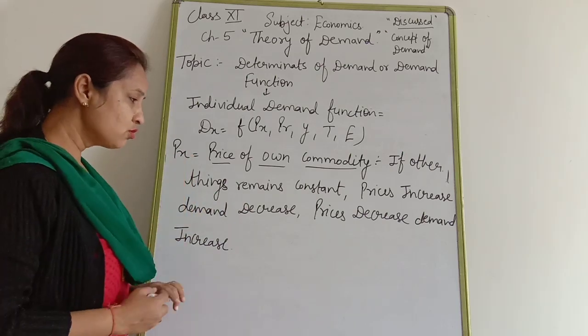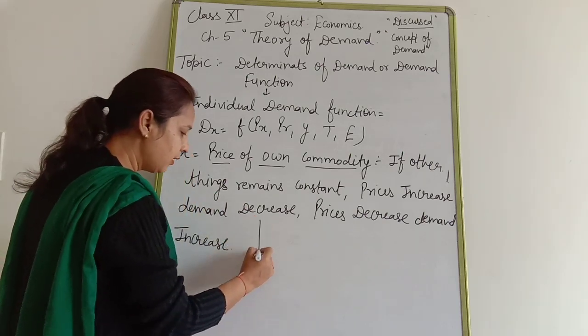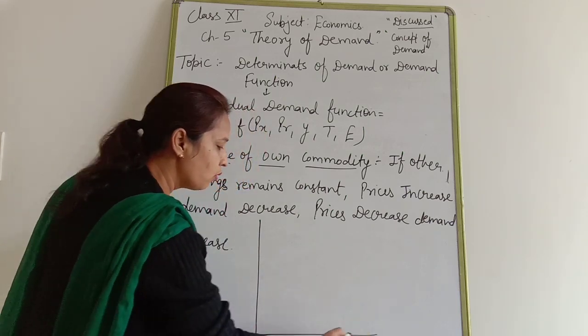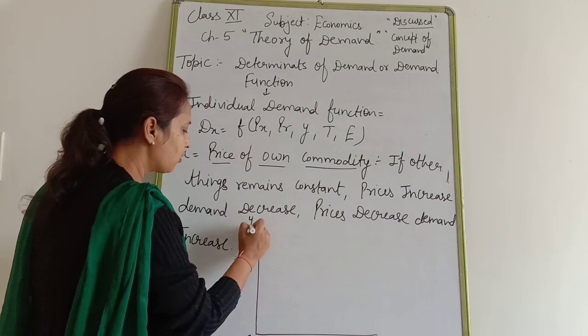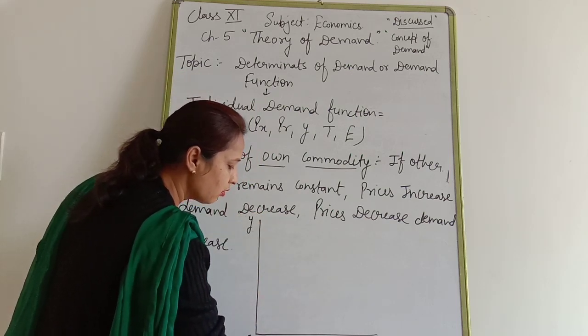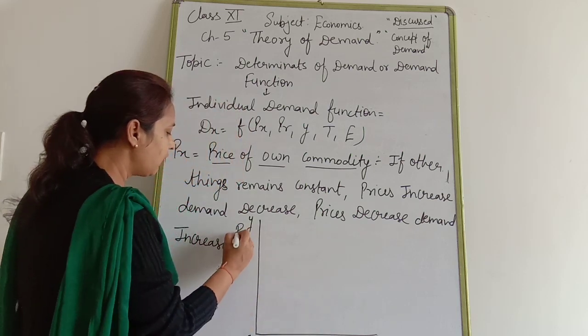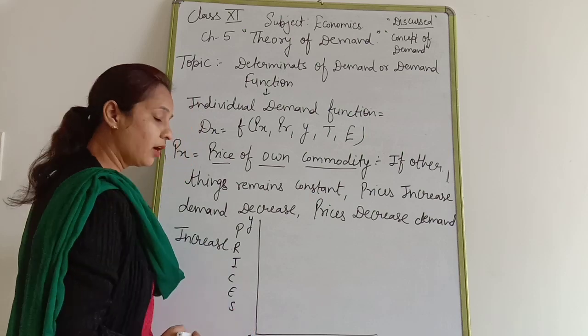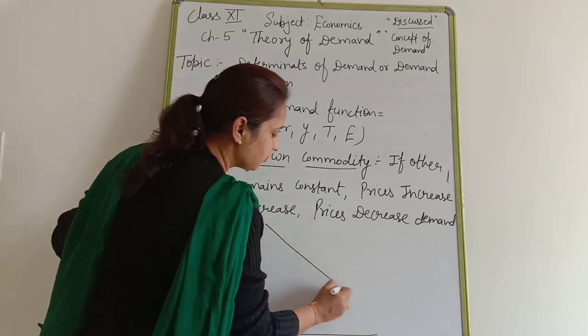Now I am going to show it with the diagram. Suppose there are OX and OY axes. Here we are going to take quantity, and here we are going to take prices. Now look at the DD demand curve.